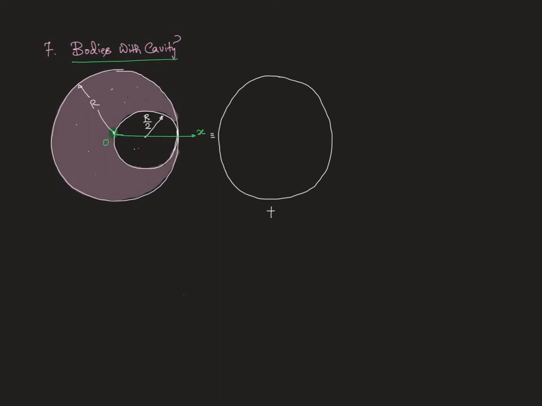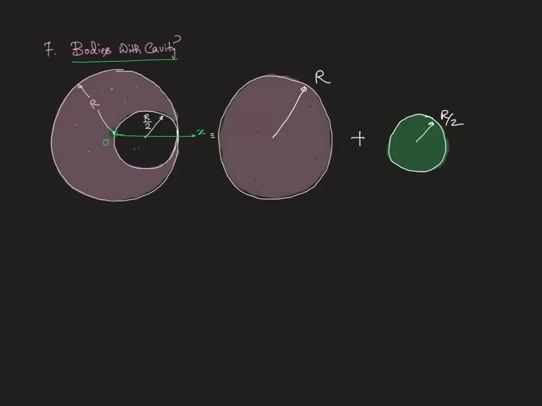Whole disc plus the smaller part of radius r by 2, and this is the large disc of radius r. So this is how you split up this disc with the cavity into the whole disc plus one more disc.